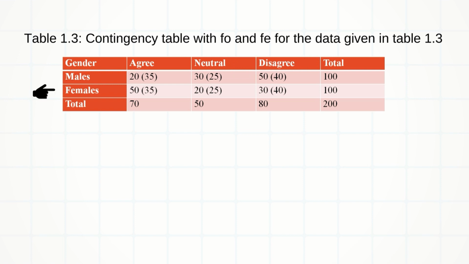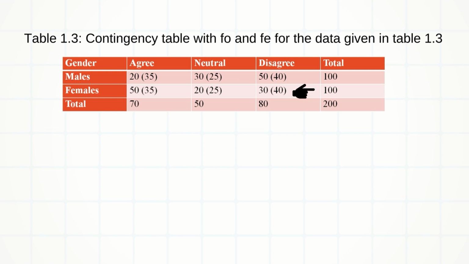In the female category, in the agree column 35 expected frequency is there, in the next category 25, and in the last one, the disagree category, 40 expected frequency has been calculated. So, the total is 100.